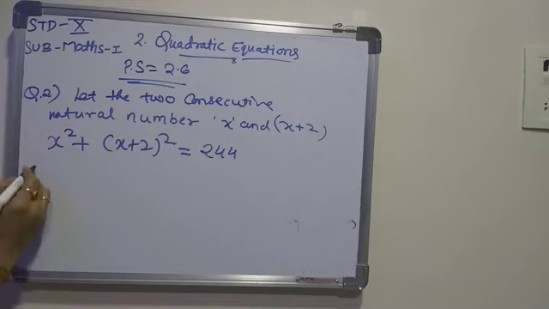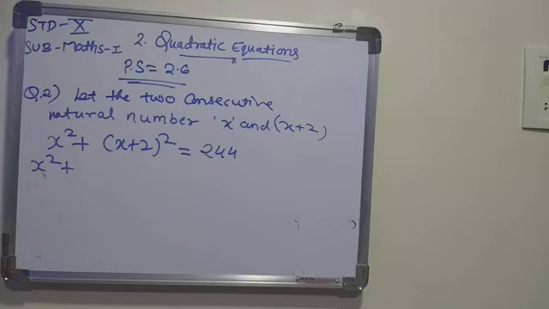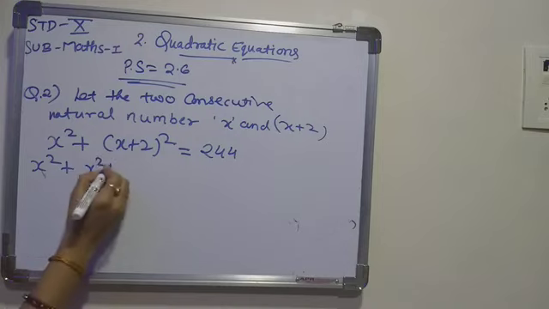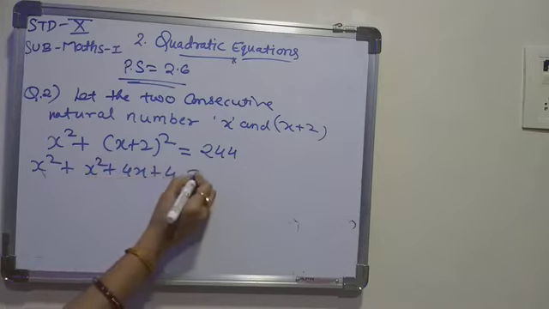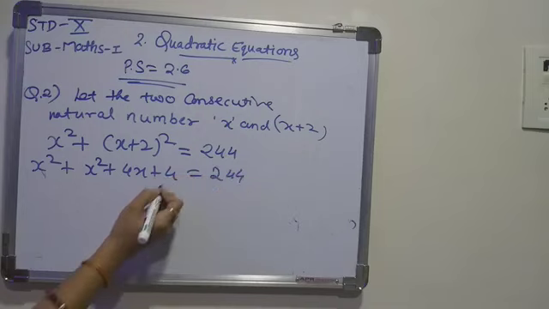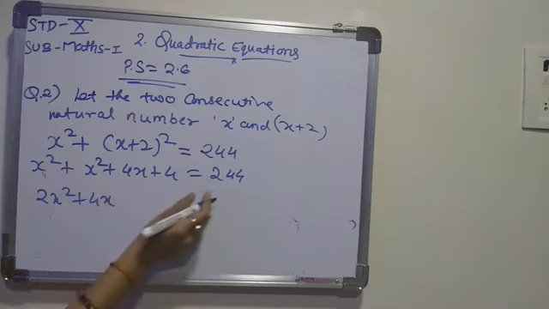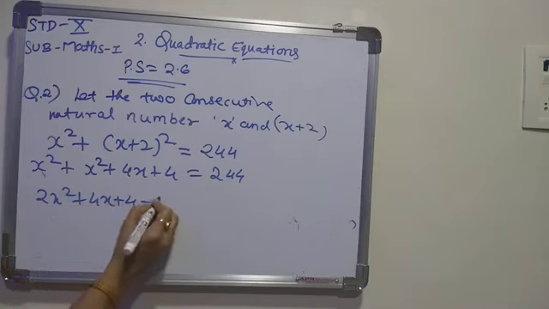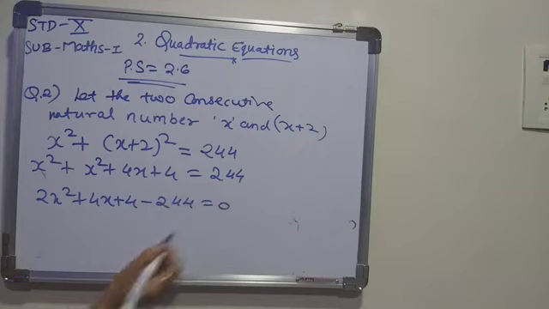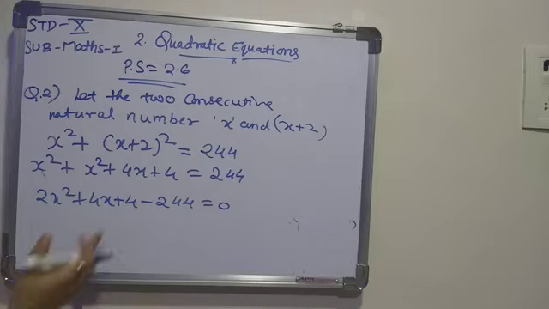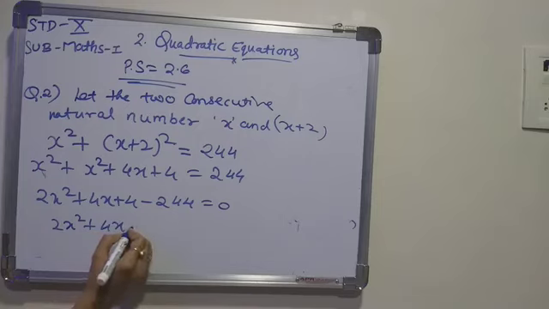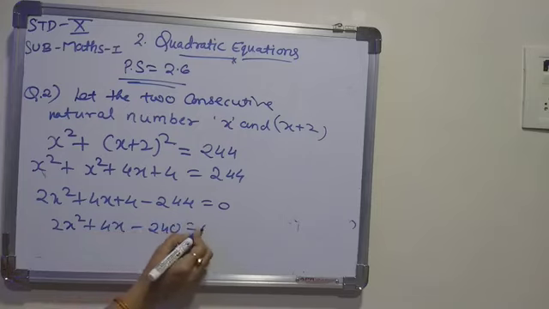Now solve this. Open this by using the identity (a plus b) whole square, you will get x square plus x square plus 4x plus 4 is equal to 244. Shift this 244 over here, you will get 2x square plus 4x plus 4 minus 244 equals 0, so 2x square plus 4x minus 240 equals 0.